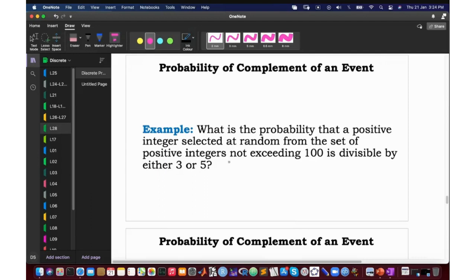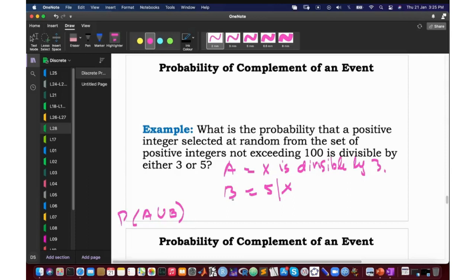Let's say that A is the event that X is divisible by 3, and let B be the event that 5 divides X. These are the two events, and I'm interested in the probability of A union B. Either it's divisible by 3 or 5.